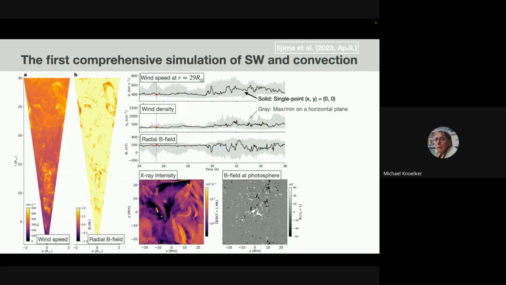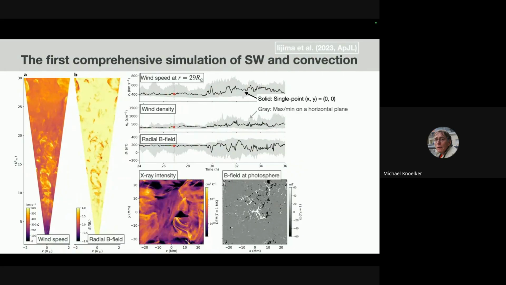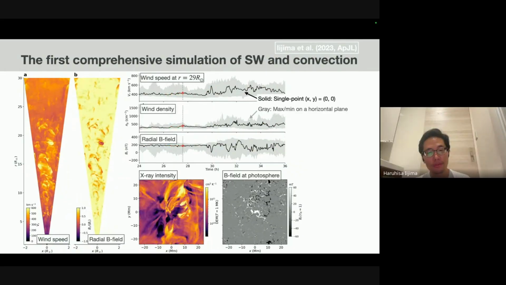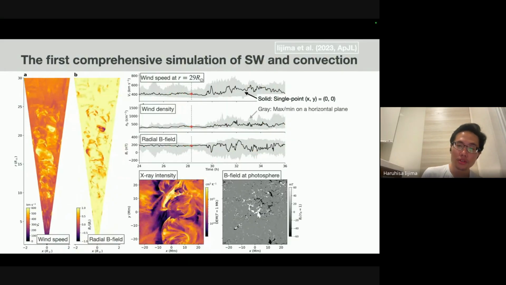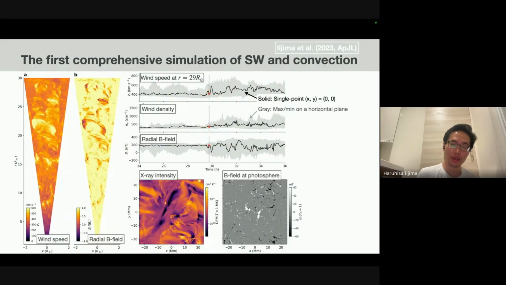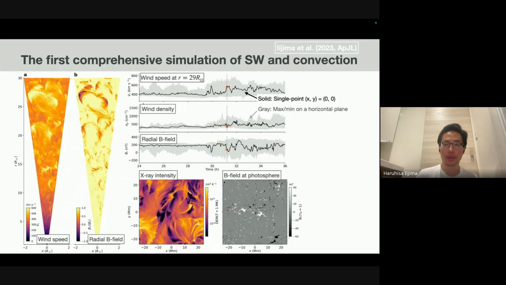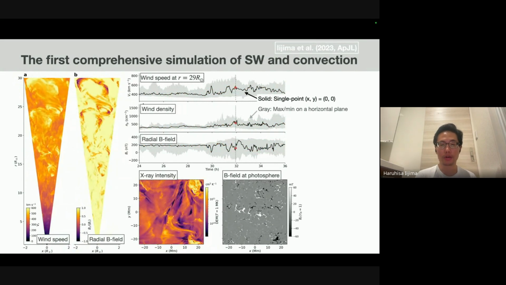How do you model the X-ray intensity? In our simulations, of course, we assume the optically thin approximation, and numerically, we evaluate the differential emission measure.